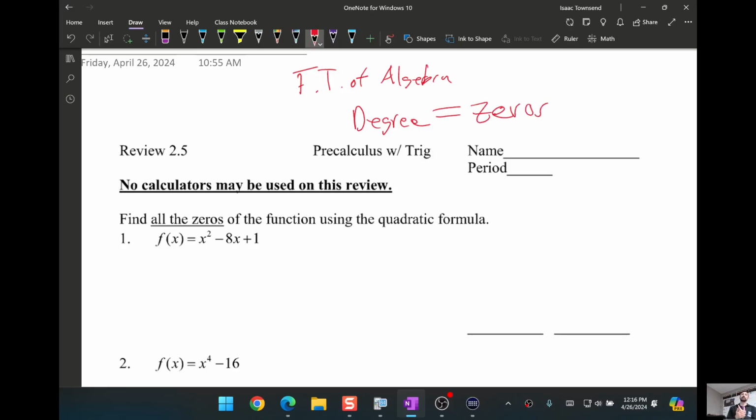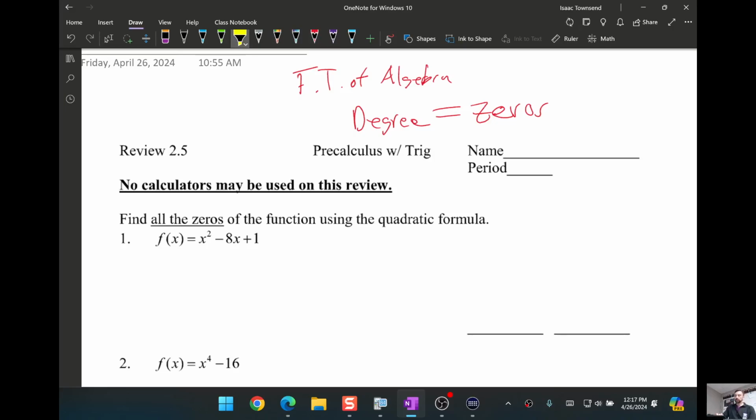That doesn't mean that they're all real zeros. Some of the zeros might be real numbers, some of them might be imaginary numbers, but whatever the degree of the polynomial is tells us how many zeros there should be.